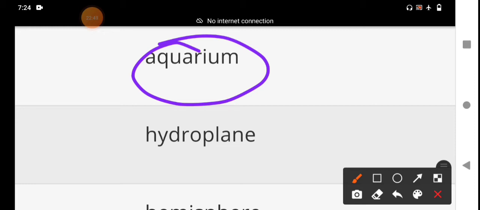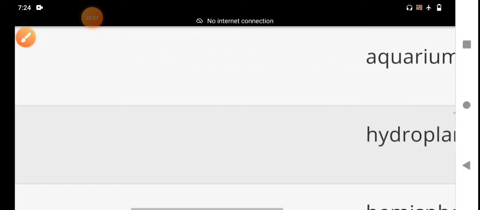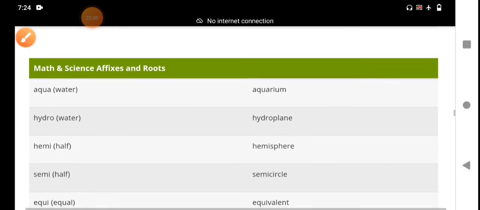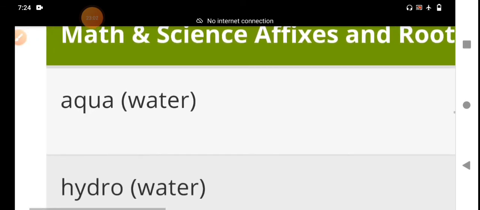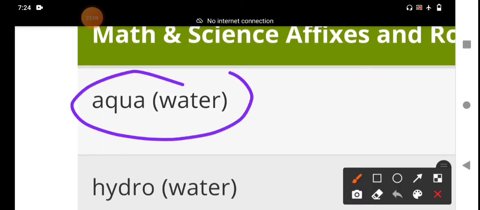Something that is aquatic is related to water. Aqua means relating to water. We should understand the basic meaning of the root word aqua.